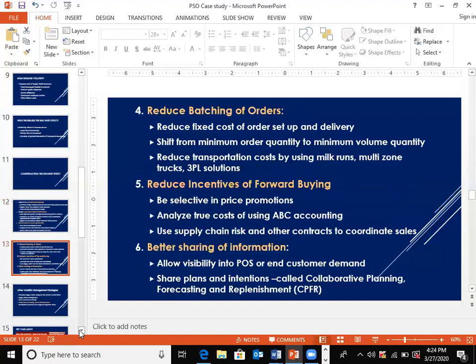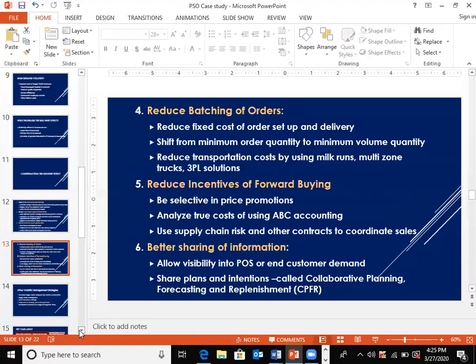All right, going forward, reduce batching of orders. And so what happens many times is companies make huge batches, and that's when they sell goods. So for example, a manufacturer may say, oh, I'm going to only sell you in bulk. My minimum order quantity is, let's say, 50,000. Generally speaking, that causes an increase in the bullwhip effect across the supply chain.